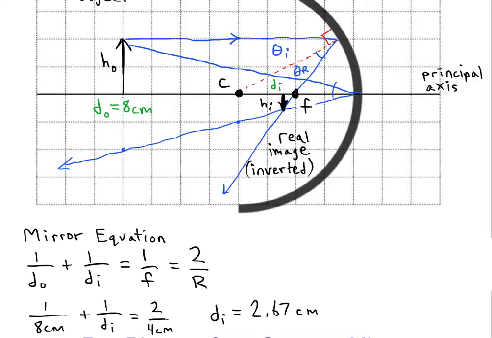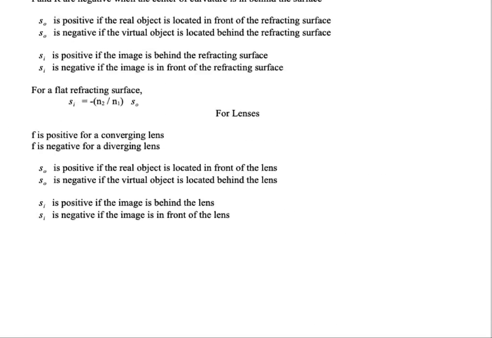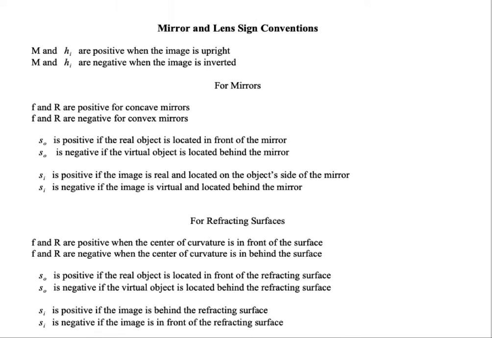Now we can check our guide here. It says that for mirrors, SO should be inputted as positive if we have a real object in front of the mirror. That's what we had, so we used +8. That makes sense. SI will be positive if the image is real and located on the object's side of the mirror.